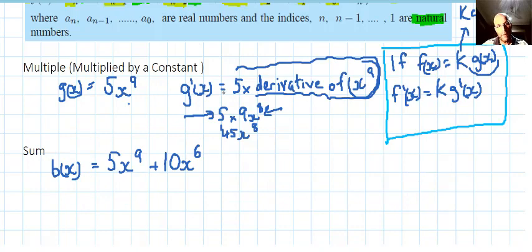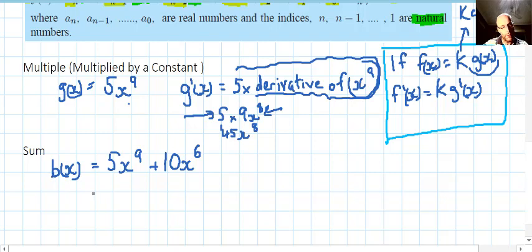What if we have a sum? Alright, so we have a polynomial made of the sum of two terms. They're sort of ax to the n type terms. So we call that function b of x, just so we're given that. How do we find the derivative of it? Well, basically you find the derivative of each of these. So you find the derivative of the first one, which would be, that's the result we've got just above there, and that's 45 times x to the 8.